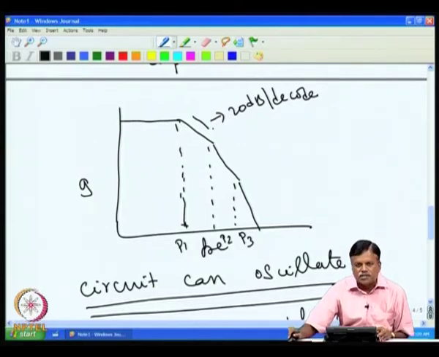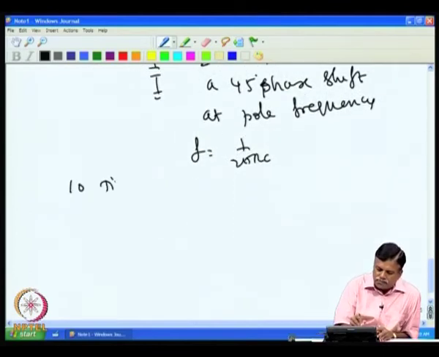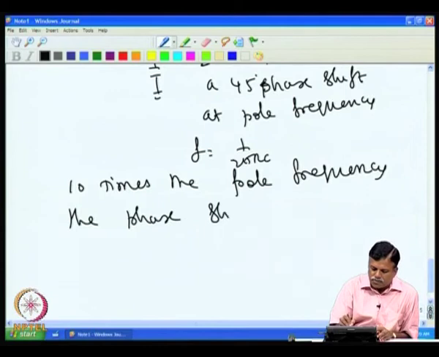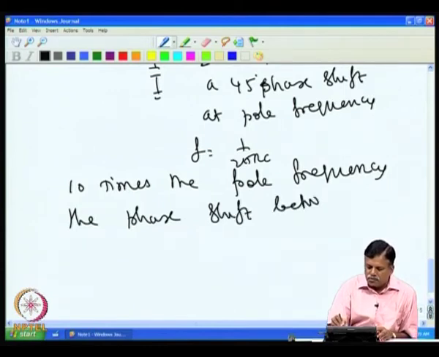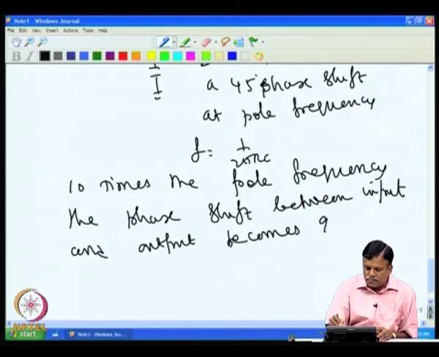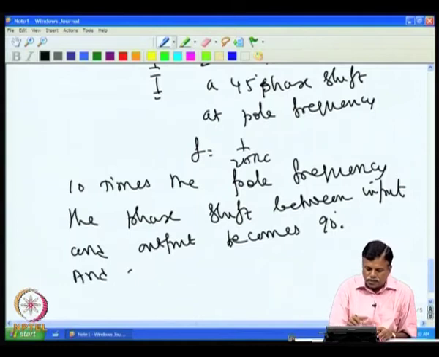At 10 times the pole frequency, the phase shift between input and output becomes 90 degrees, and the amplitude comes down by a factor of 10.